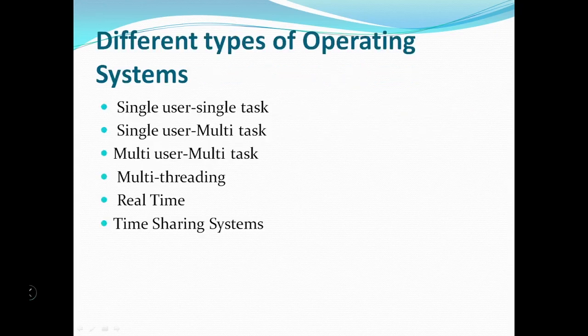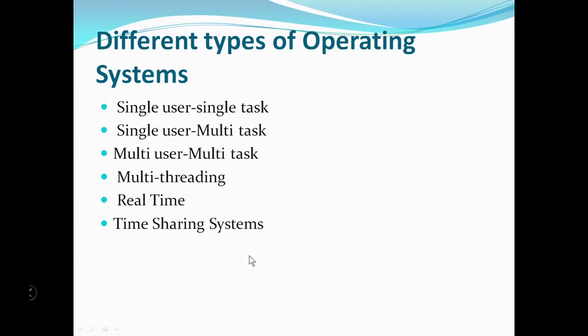Then we are going to talk about different types of operating systems based on the users and the tasks. So we have single user, single task kind of operating system.